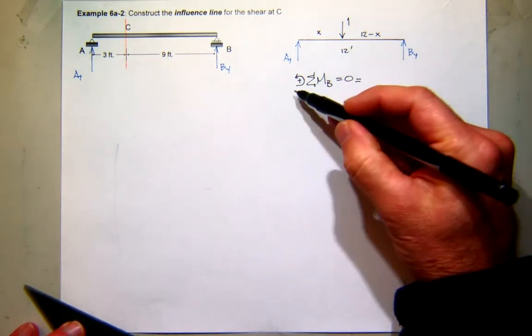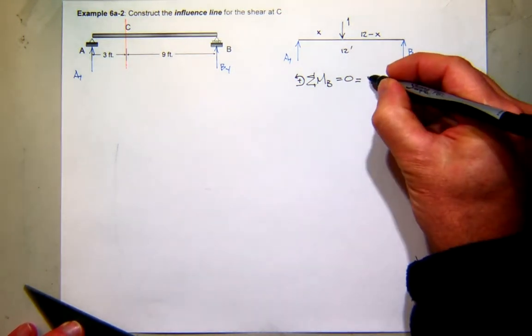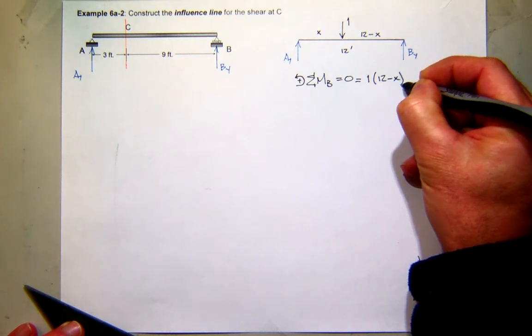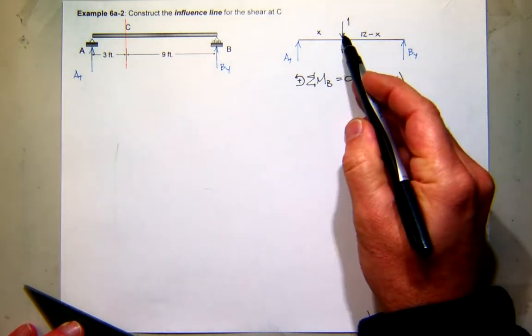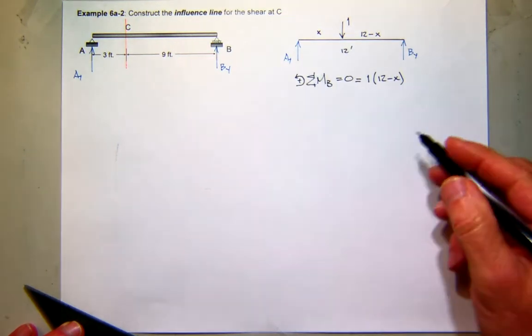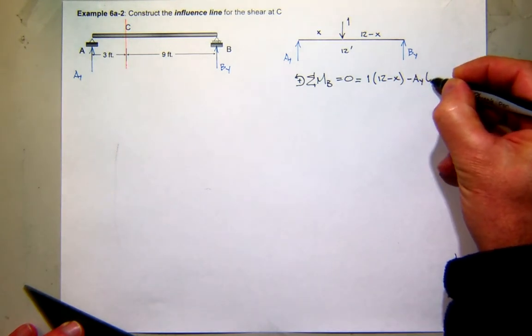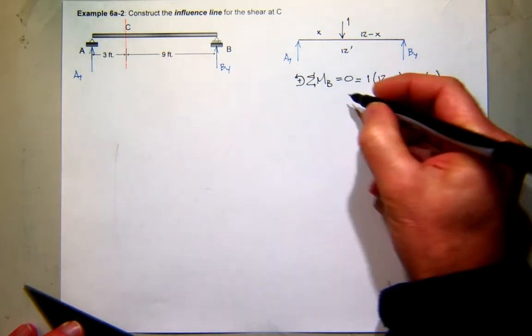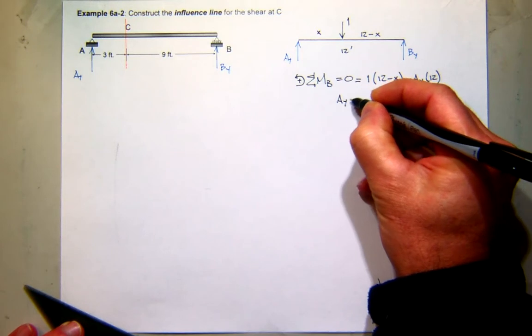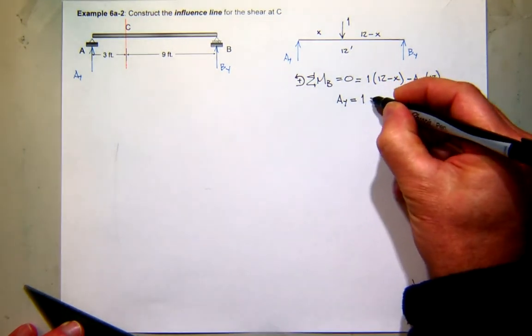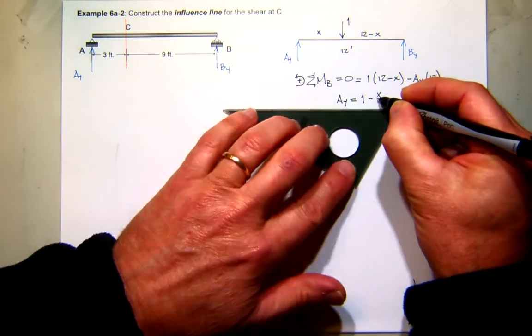Positive or negative with right-hand rule? Positive. So there's the moment due to the unit load about B. And what about the reaction at A? It has a moment arm of 12. So if you solve for A, you get 1 minus x over 12.